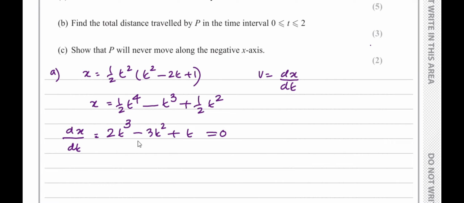So in AS level and A level, you don't need to learn how to factorize and solve a cubic equation. This is a cubic equation, but you only need to do quadratic equation solving. So how to convert this into a quadratic? So luckily for us, every term contains a t. So you take out one t. So t is out, then 2t square minus 3t plus 1 is equal to 0.